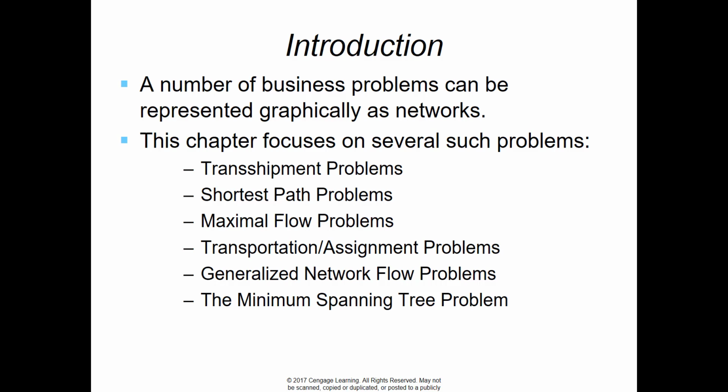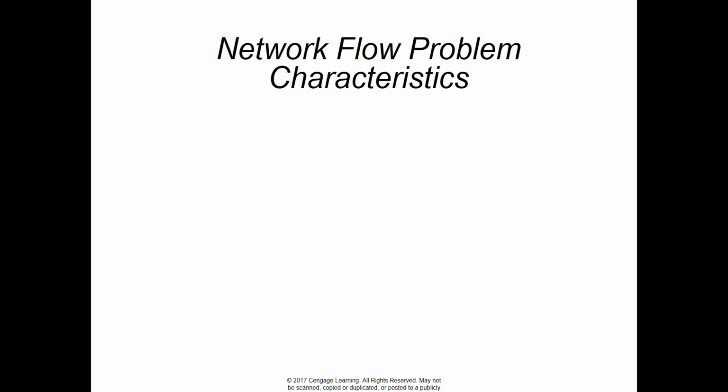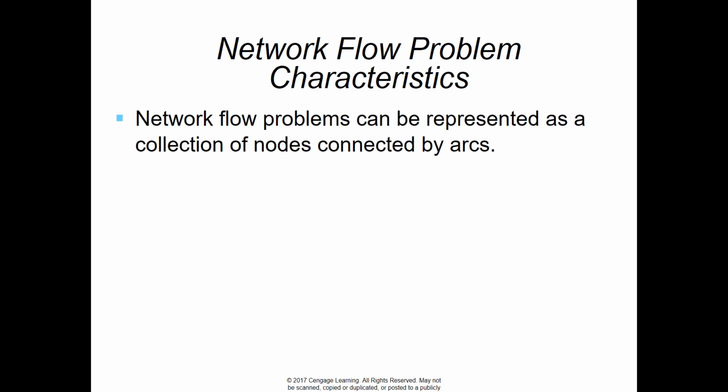Then we have other types of problems, like the transportation and assignment problem and the generalized network problem that you're going to see in this lecture. So let's start with the network flow problem. These types of problems have specific characteristics.